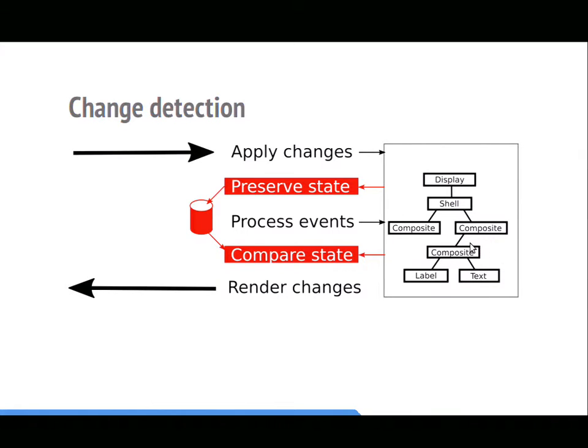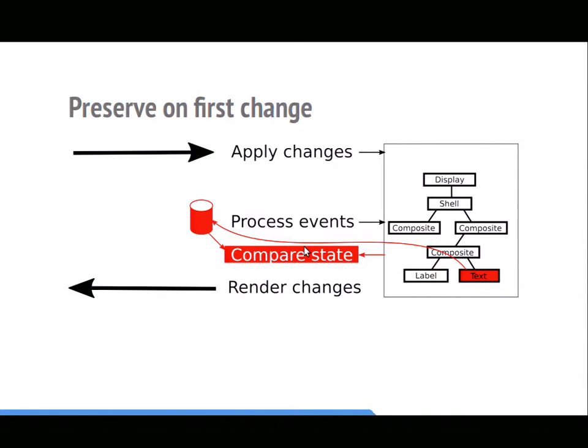Okay, I have to hurry up. And then the state is compared and rendered. And what we now changed is that for many of those properties, we do not record the state after applied changes, but we only record the state when the first change happens.